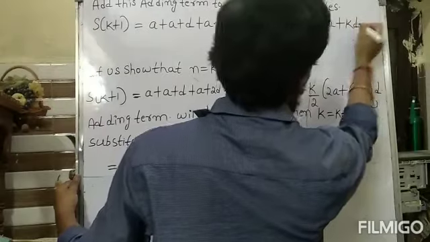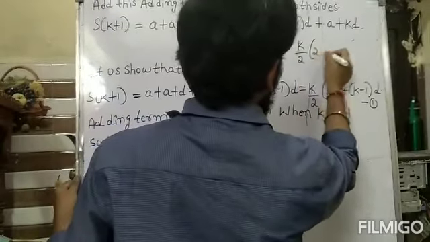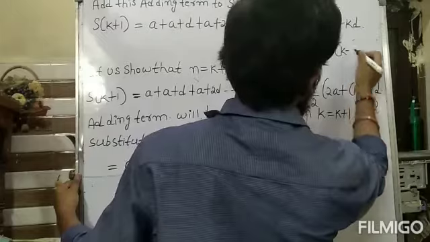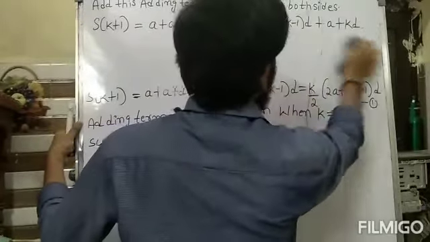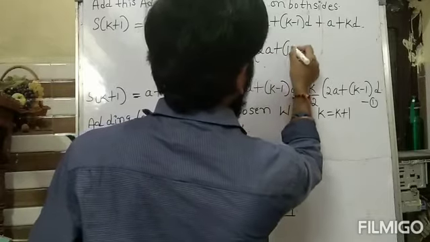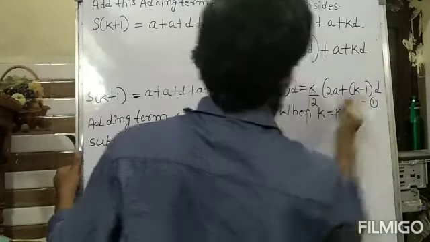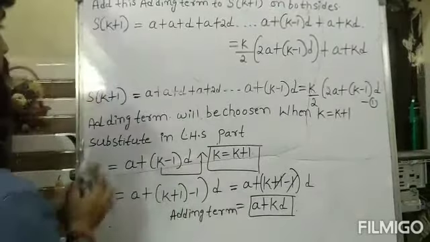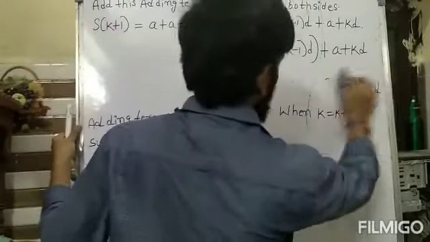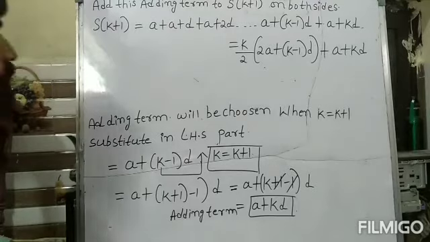That equals k by 2 into 2a plus k minus 1 into d, plus a plus kd. Now what we have to do?